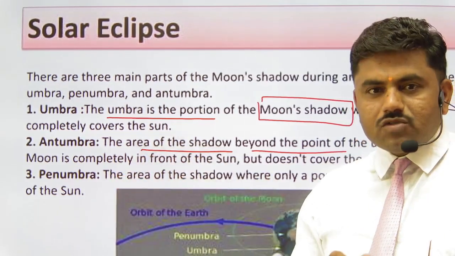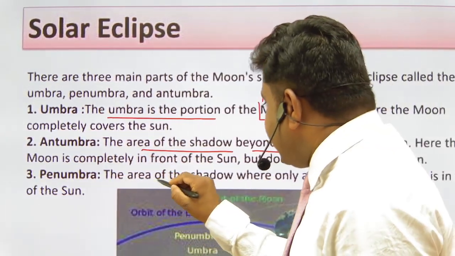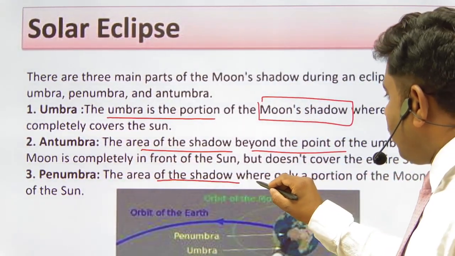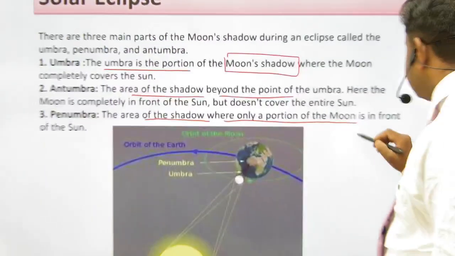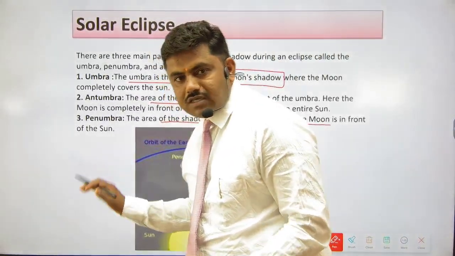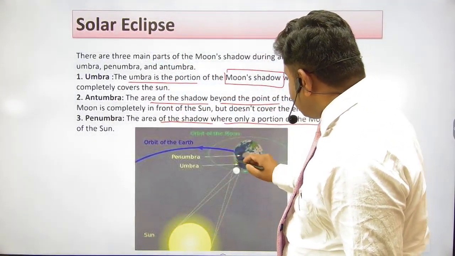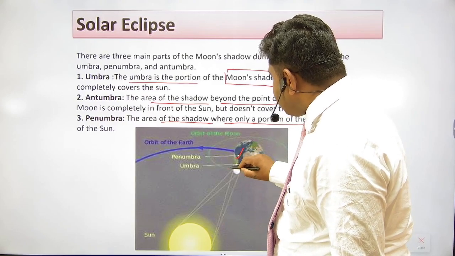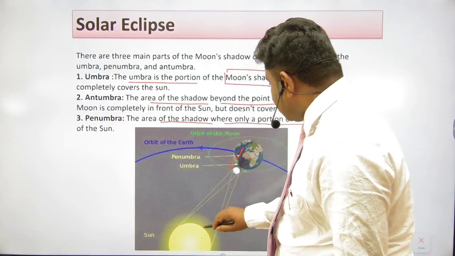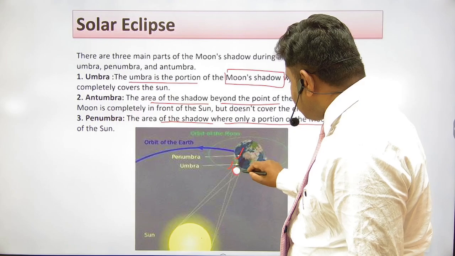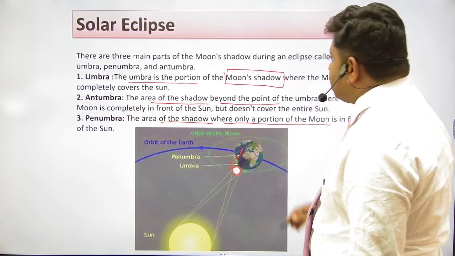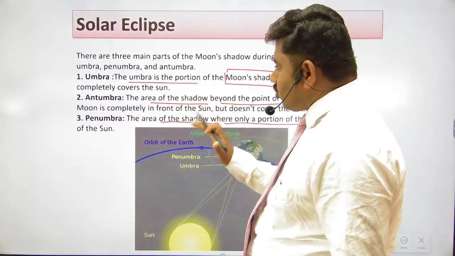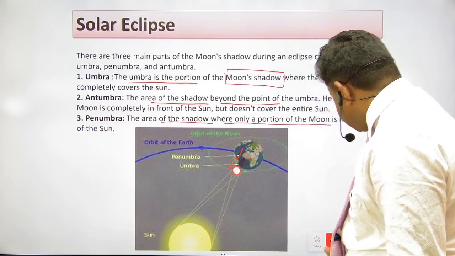And what is the penumbra? It is the area of the shadow where only a portion of the sun is covered by the moon. Here are shown the penumbra, umbra, the sun rays, and the moon. This is the umbra, antumbra and penumbra.